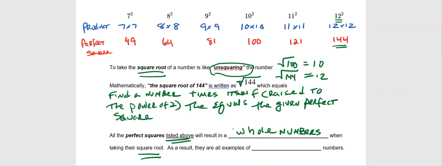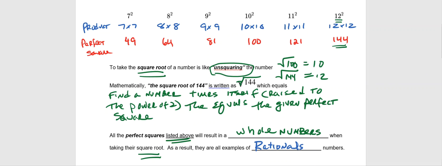And being that they are whole numbers, they will all be considered as rational numbers. Now that's important because we're going to continue our discussion soon about what irrational numbers are. So we need to understand that perfect squares are numbers that when we take their square root are whole numbers, and by definition they are rational numbers.